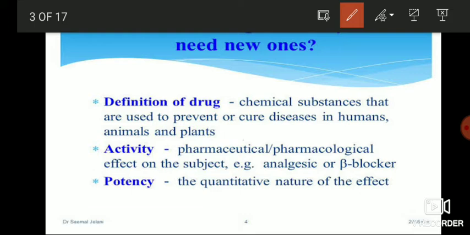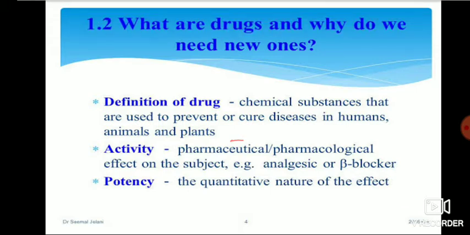The other definition of a drug: chemical substances that are used to prevent or cure disease in humans, animals, and plants. Activity: pharmacological effect on the subject, example analgesic or beta blocker. Potency: the quantitative nature of the effect.